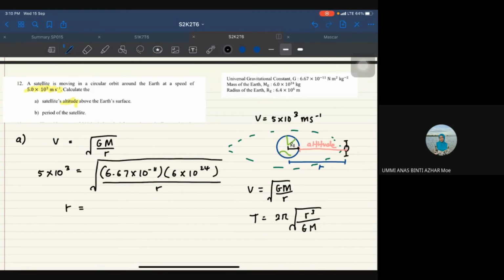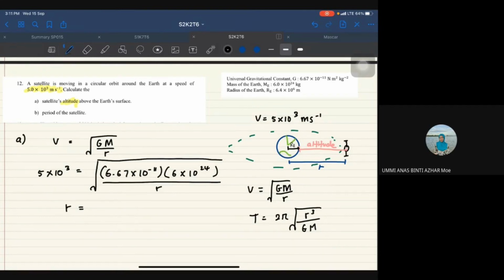You can calculate the R. So kalau saya dapat macam ni, saya buat manual tak, saya memang tak reti nak buat sekali tekan banyak kan. Tapi kamu boleh tekan banyak kot kalau kamu reti. Saya buat sikit-sikit, 5 / 10⁻³ square, lepas tu 1/2, lepas tu darab dengan 6.67 exponent negative 11, 6 exponent 24.